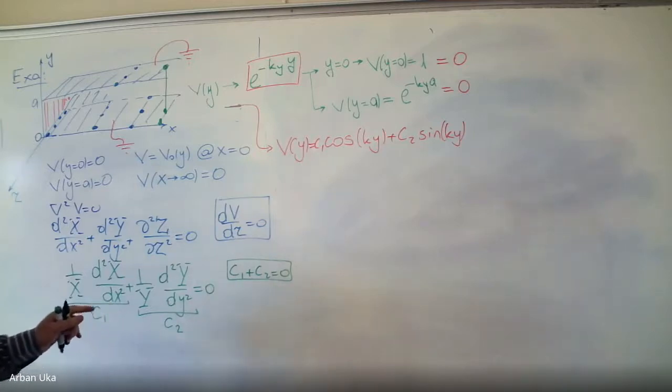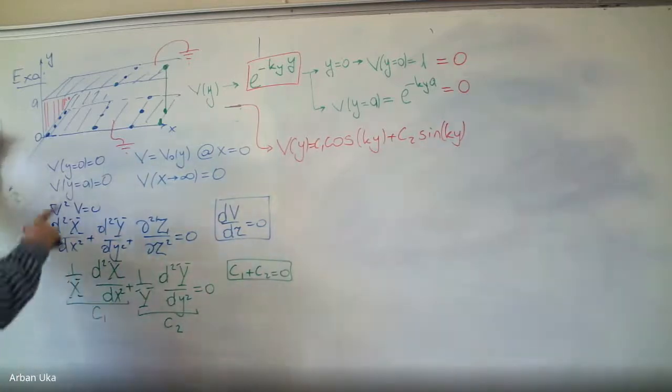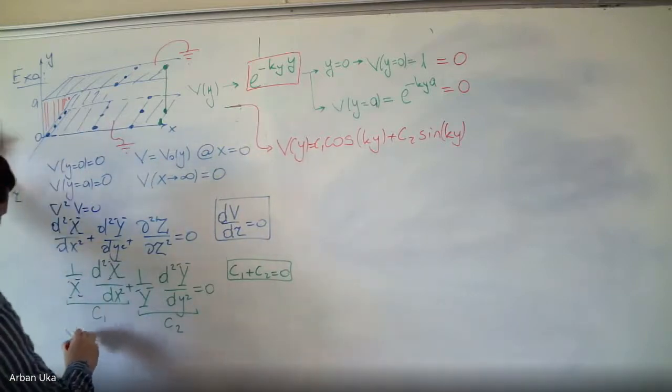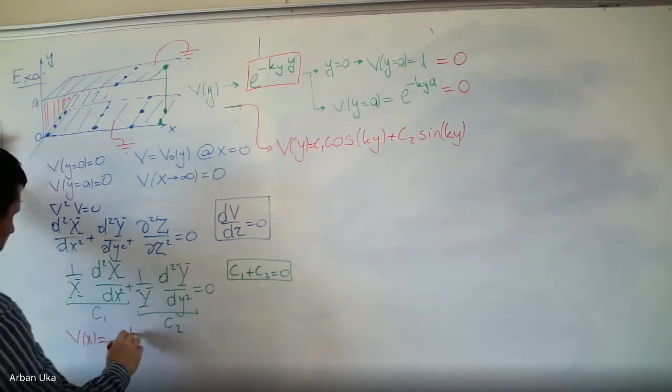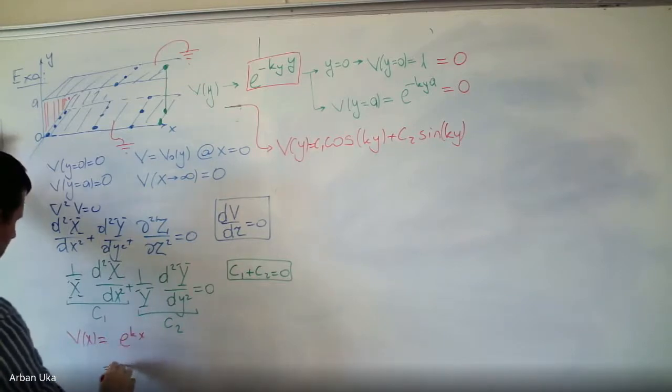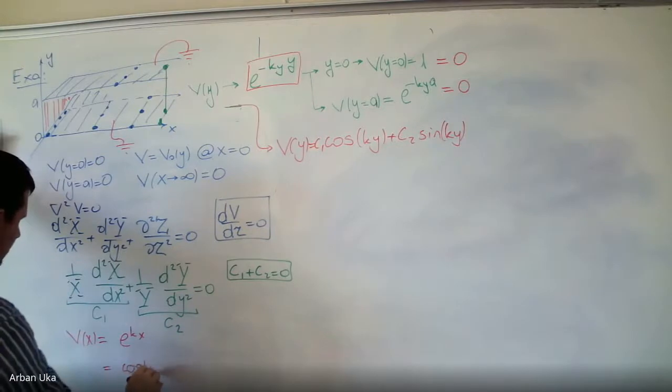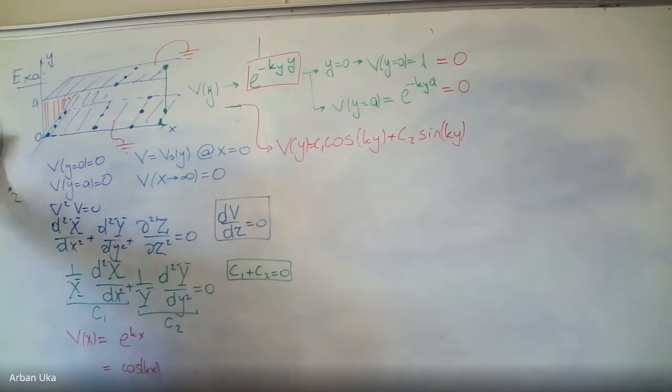The next question: what could be the dependency along the x-axis? So let's ask, what is Vx? Could it be e to the power kx or cosine kx? Which one would you choose?